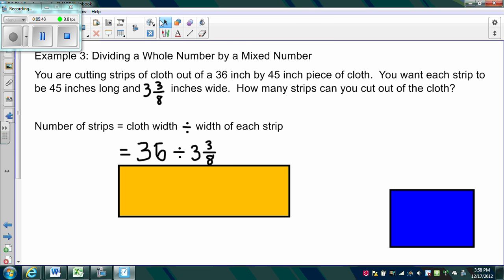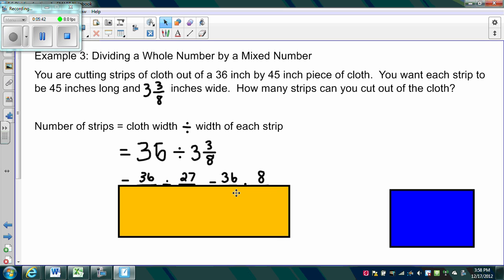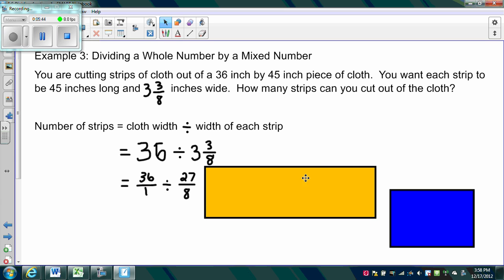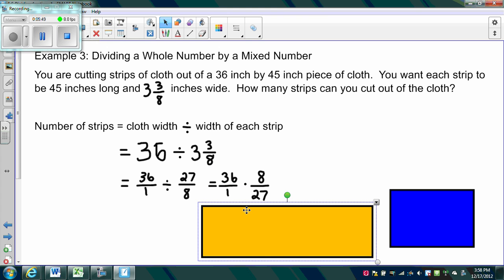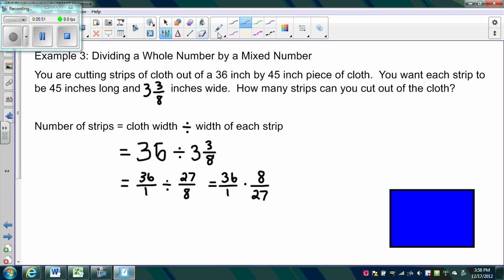So the first step is we need to write this as an improper fraction. So 27 over 8, and then we're going to multiply by the reciprocal. And this gets us to the point where we can then simplify anything. So 27 is divisible by 3, and 36 is also divisible by 3. So we're left here.